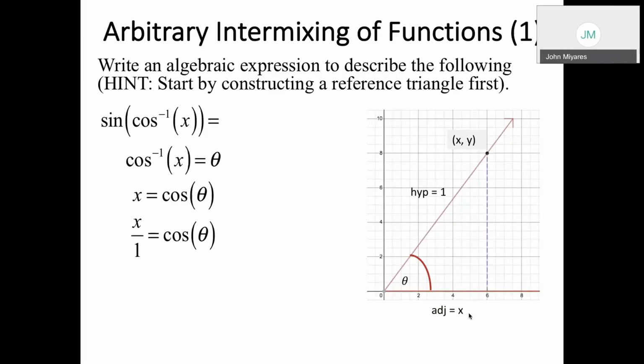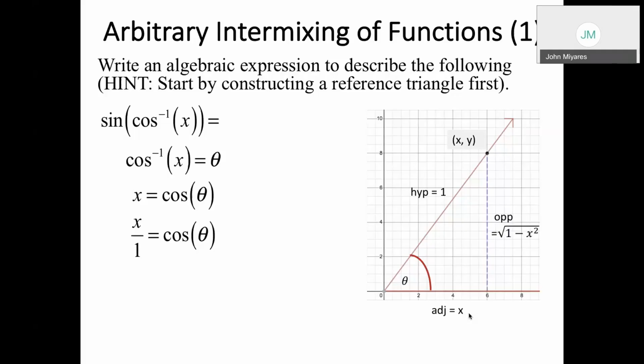The opposite side, by using the Pythagorean theorem, will simplify to the square root of 1 minus x squared. This is because x squared plus y squared equals 1, so rearranging the terms to isolate y gives you this result.